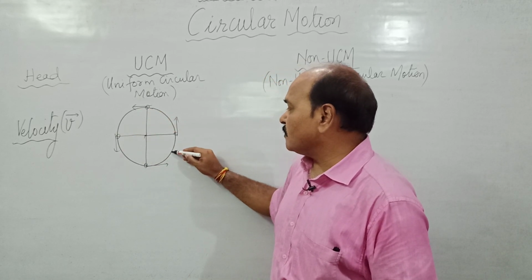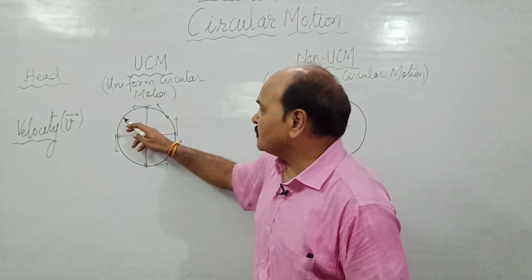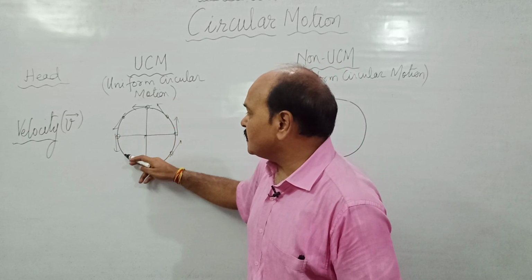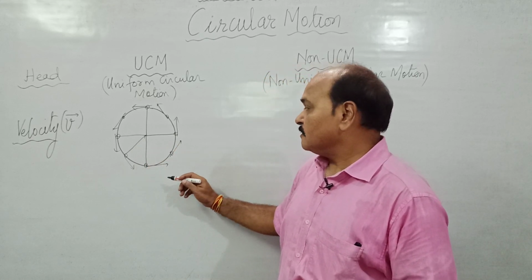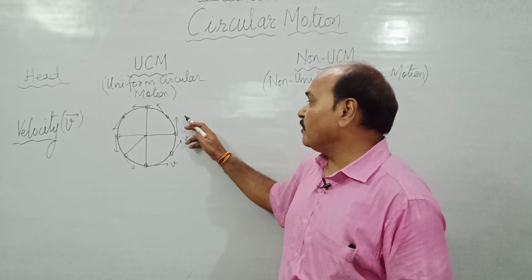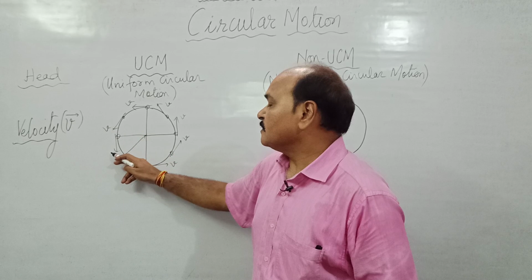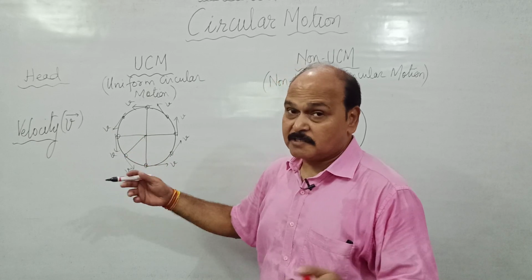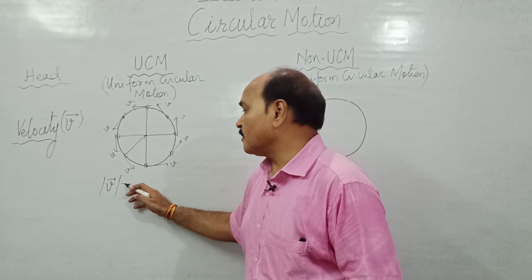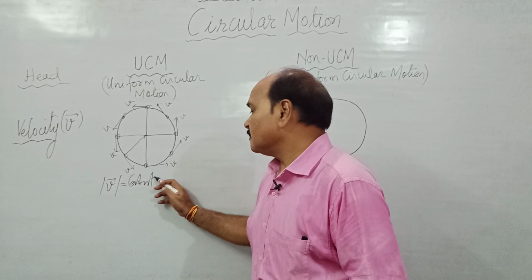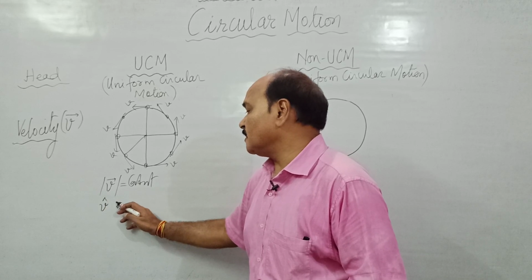So the direction of the velocity vector changes continuously as the object moves on a circular path. As far as the value of velocity, that is called speed, that remains constant. The speed remains constant, we can say the magnitude of velocity. So the magnitude of velocity is of course a constant, but the direction of the velocity, v cap, that is a variable.